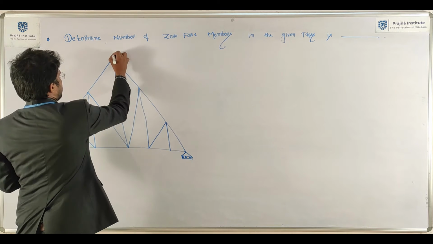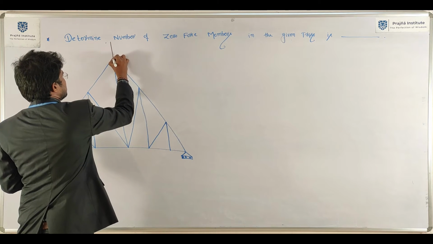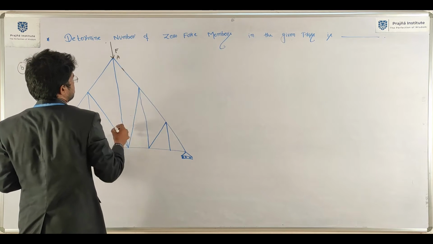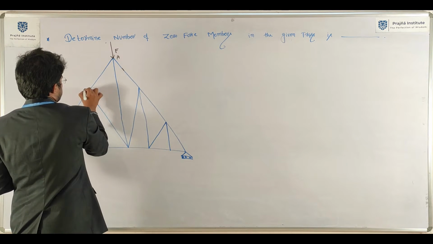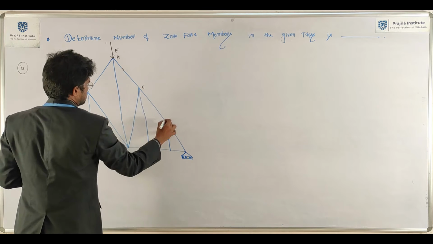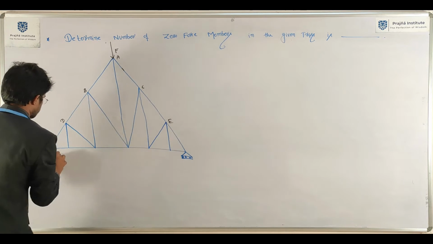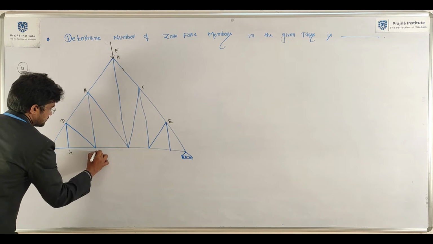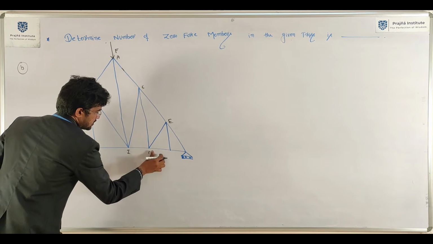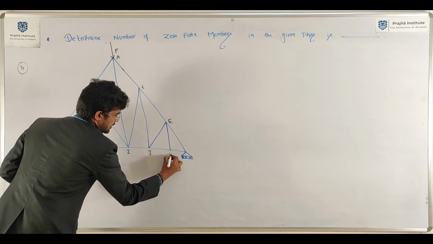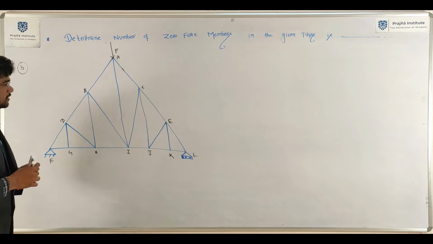Here, load acting at this point. A, B, C, D, E, F, G, H, I, J, K, L. Okay?